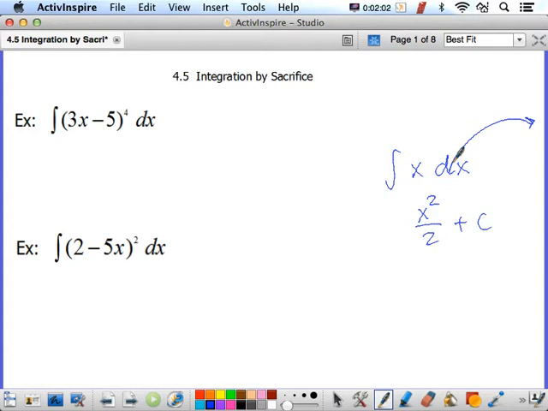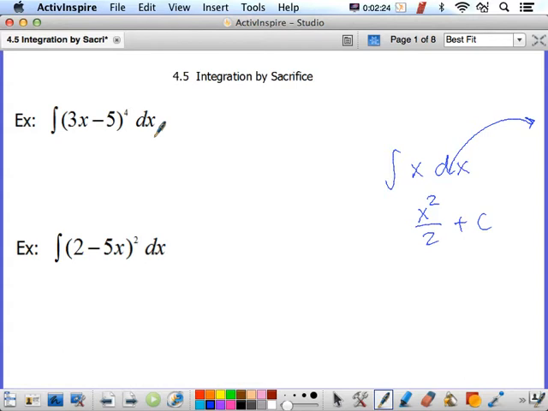But we're going to sacrifice to the integral god. If you don't have a parentheses to a power, that's the only sacrifice you have to make, and boom, you're allowed to integrate. But when you have a parentheses to a power, such as this example, you have to sacrifice not only the dx, but the derivative of the inside of that parentheses.